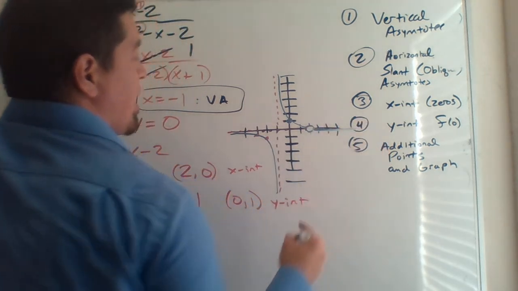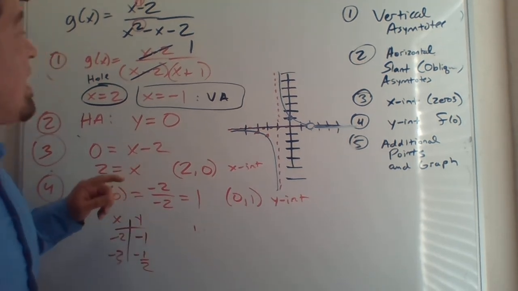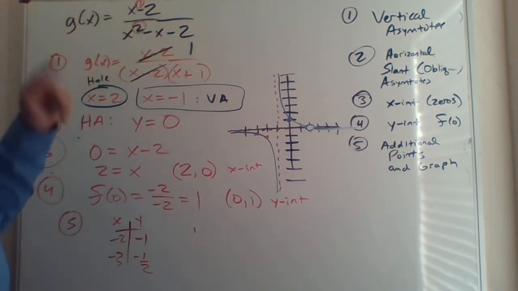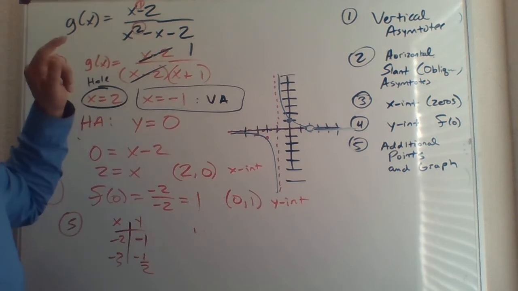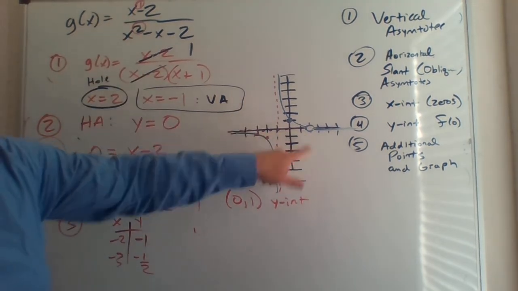Okay, and what that means is that this graph is undefined at 2. Why? Because if you plug 2 in here, you get a 0 in the denominator, but it didn't create an asymptote because the factors canceled. Okay, so this is when you have a hole. That's how you represent the hole in the graph.